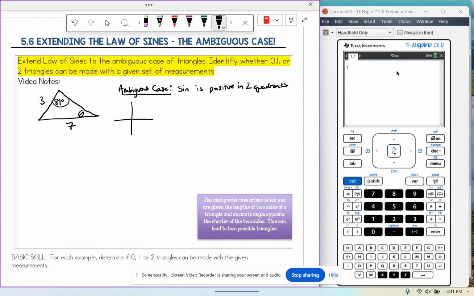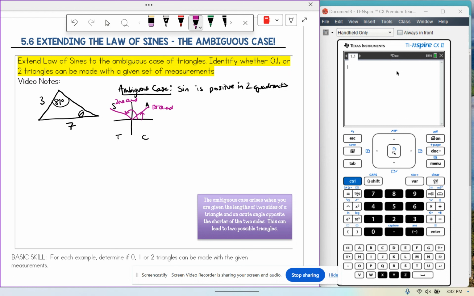If we have a coordinate plane here, and we have All Students Take Calc, all of the angles are positive in the first quadrant, and sine is positive in the second quadrant. So that means that if we are using inverse sine to figure out what an angle measure could be, it could be the first quadrant version of that angle, or it could be the second quadrant version of that angle. I'll show you how this would happen in math.